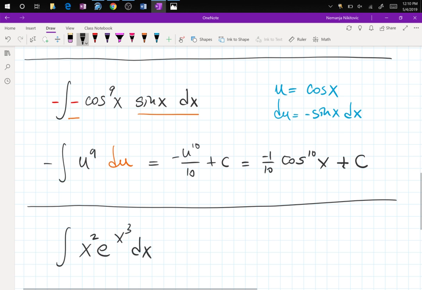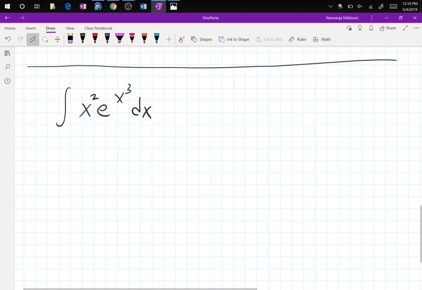This is from the book. So what's the u on here?